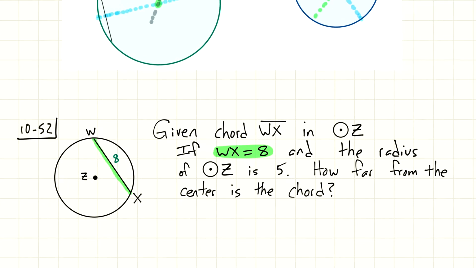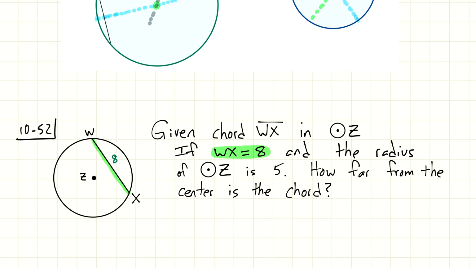If I look at the question, it's asking how far from the center is the chord. So I'm trying to figure out how far this chord is from the center. We're looking for the shortest distance. So what's shorter, from here to here or from here to here? Notice these two that I'm comparing.